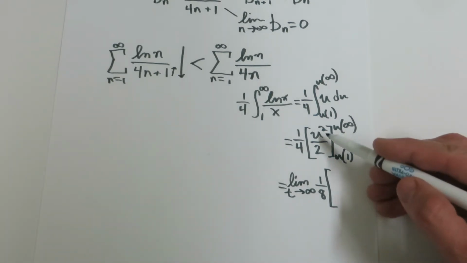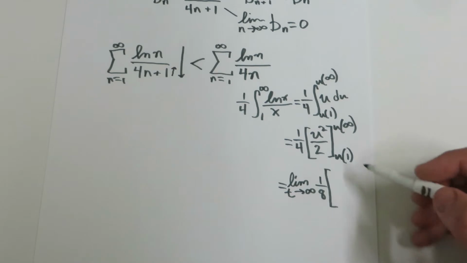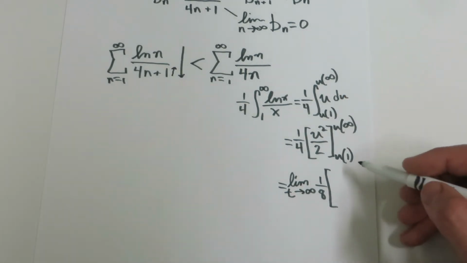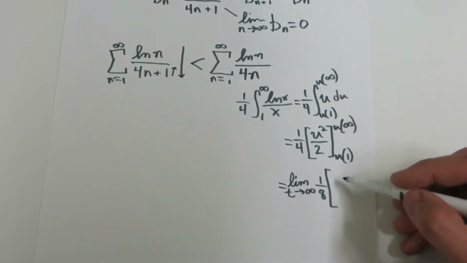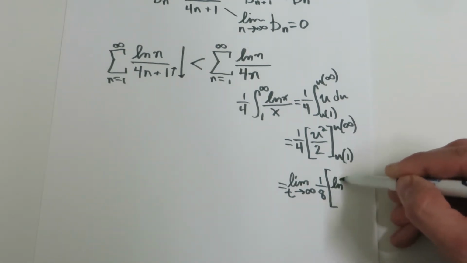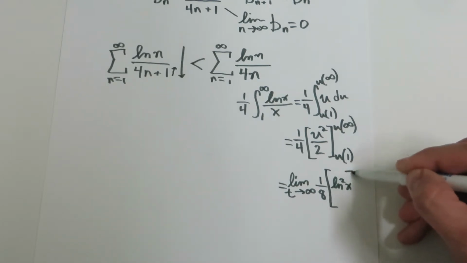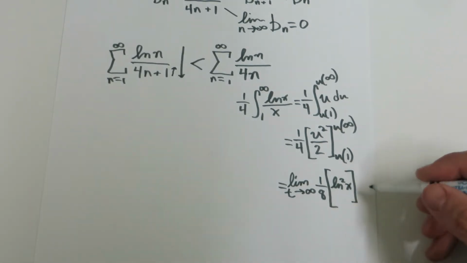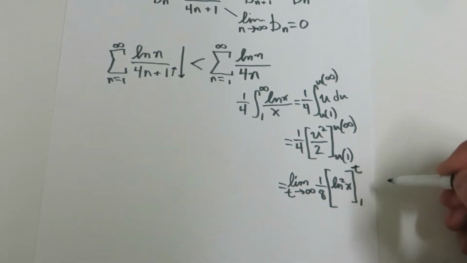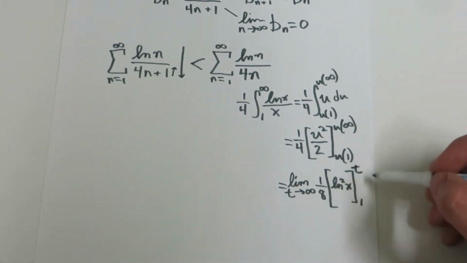And our u was ln of x, so this u squared here is going to be ln squared of x. And this is from x equals 1 now to t as t approaches infinity.